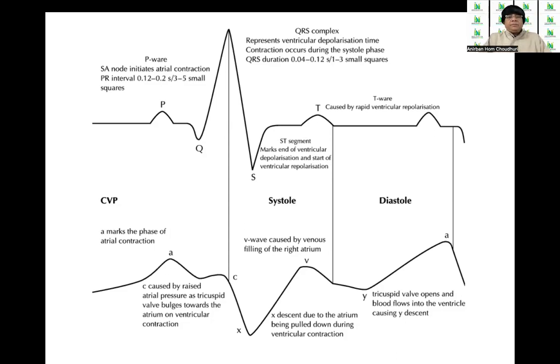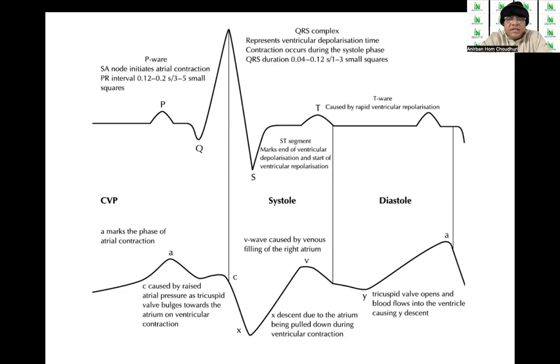The QRS complex represents ventricular depolarization, so depolarization and contraction go together, and you can see the S of the QRS is falling in line with the X descent. This is where the atrium is being pulled down because of ventricular contraction.